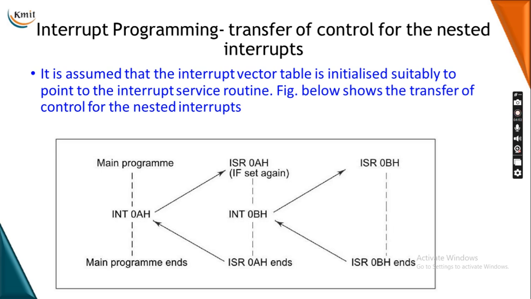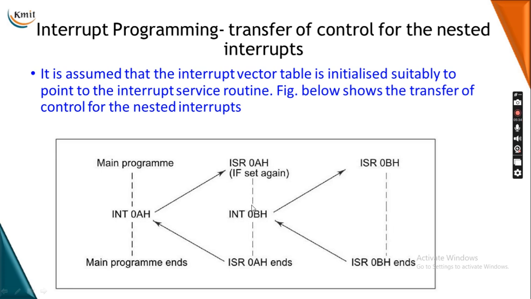Interrupt programming: transfer of control for nested interrupts. If we have multiple interrupts, then depending upon the priority, which we saw in the previous session, NMI has the highest priority, then we have the interrupt request or divide by 0 error. Depending upon the interrupt priority, it will be programmed. As I told you in the previous session, for example, if INT 0AH occurs in the main program, it goes to ISR 0AH and begins.